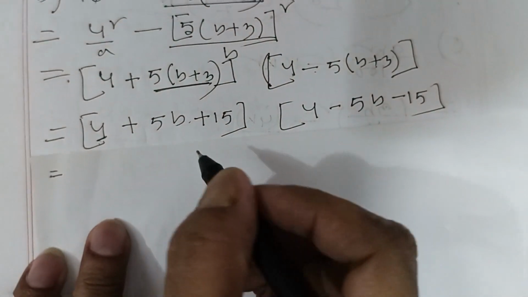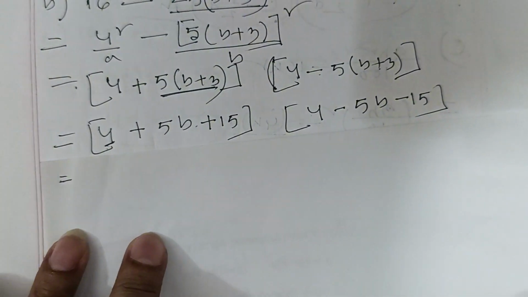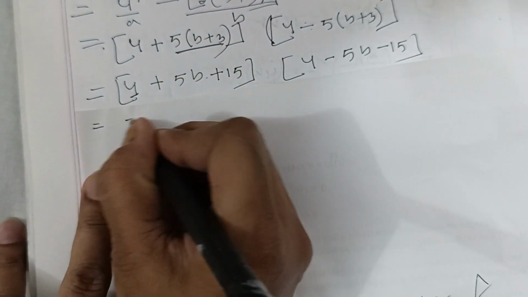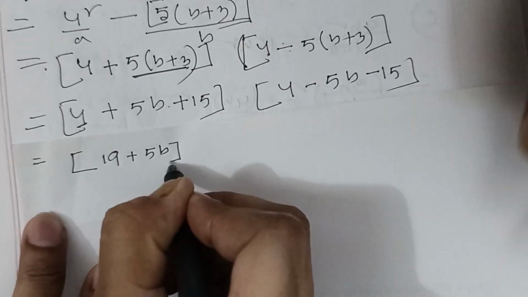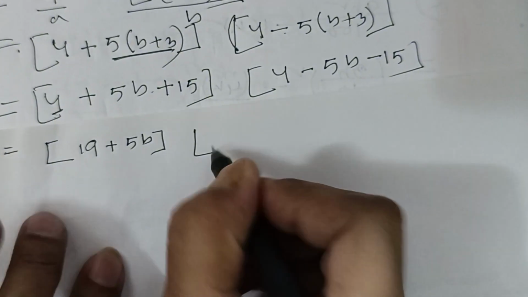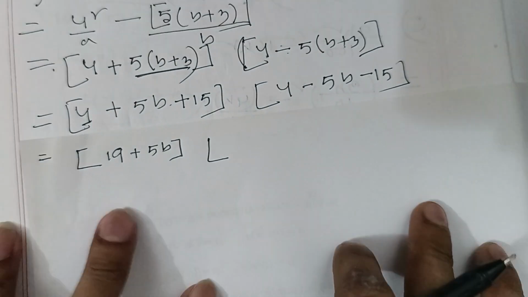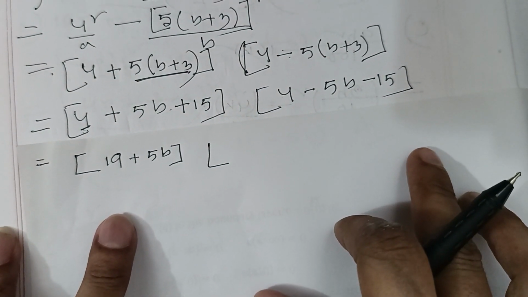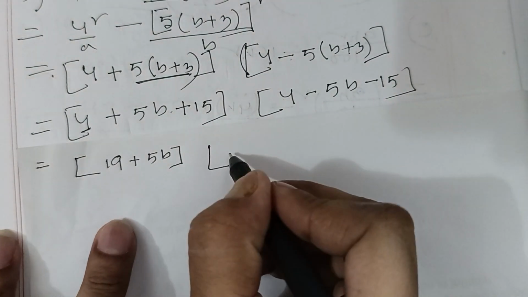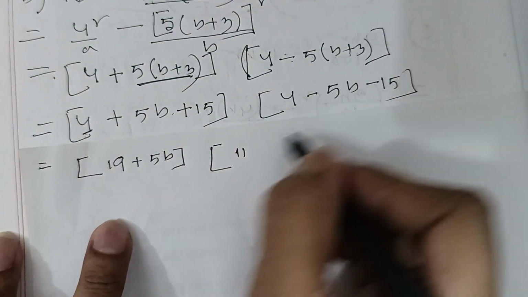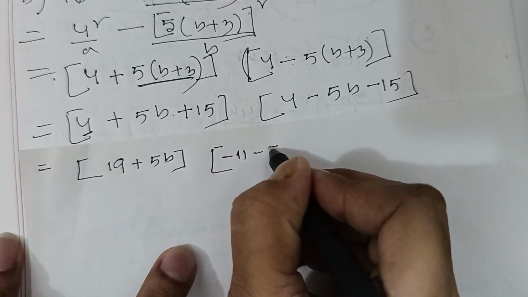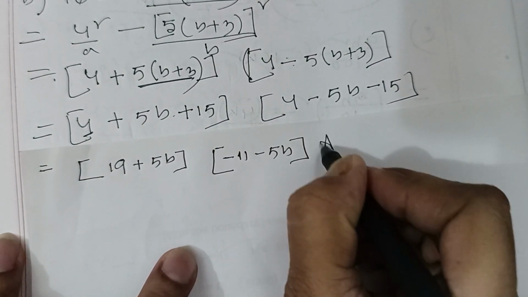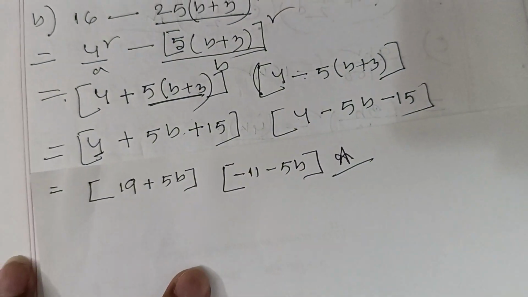Now the calculation: 15 plus 4 means 19 plus 5b. And 4 minus 15 means, taking 15 minus 4, 11, but because this is the big number, minus sign, minus 11 minus 5b. That's it, this is the answer.